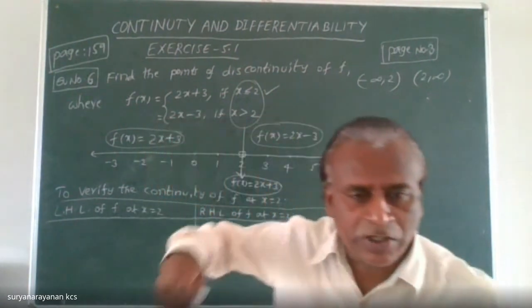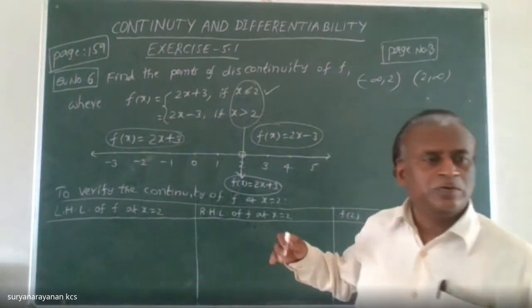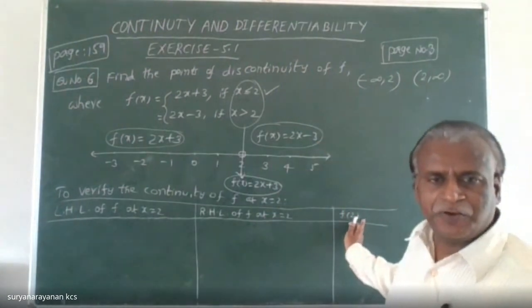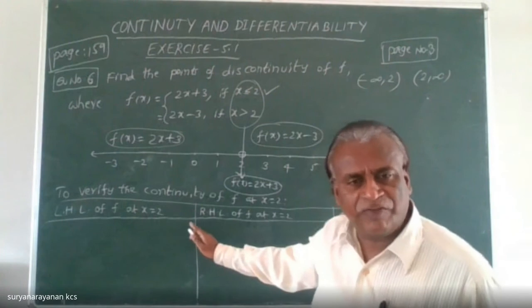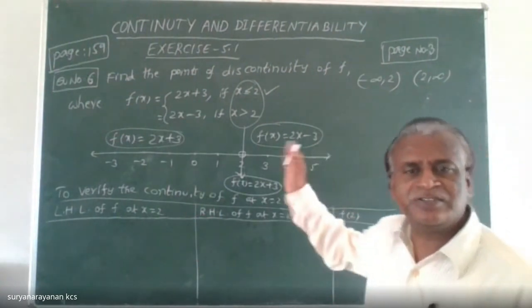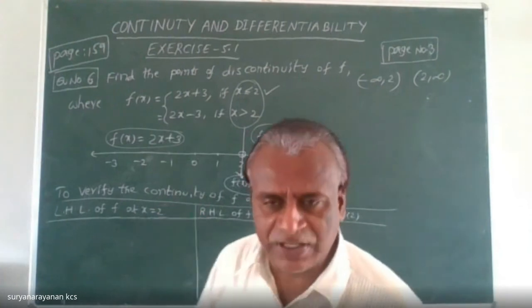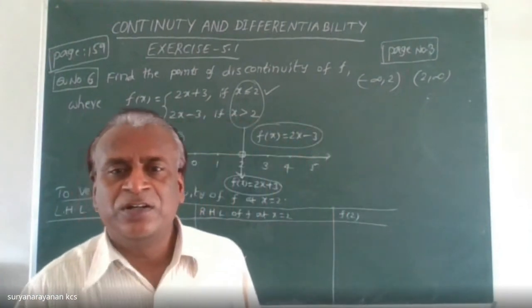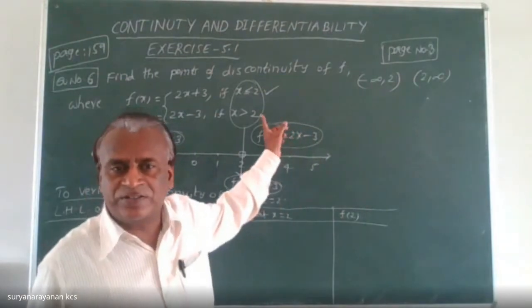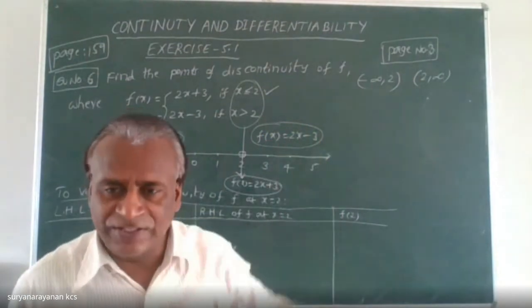We have to pass all these three levels. If the function satisfies all these three, then it is said to be a continuous function. Otherwise, it is discontinuous at this point, and this point is said to be a point of discontinuity.